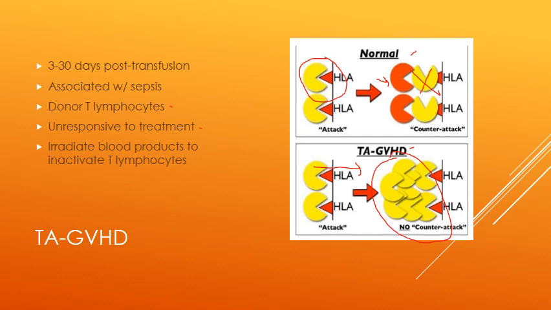There's no treatment for this. Once we know that this is happening, it's 90% fatal. We don't have a treatment for this at this point, not an approved treatment. So we need to try and prevent this. What we do is we irradiate the blood product. It doesn't really do much to the red cell, but it will deactivate the lymphocytes.